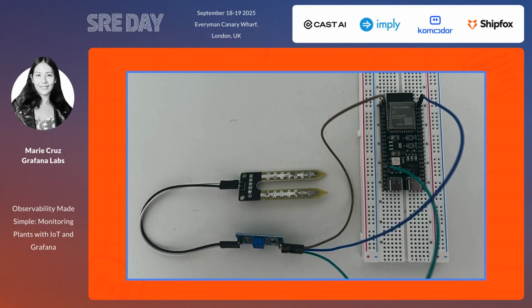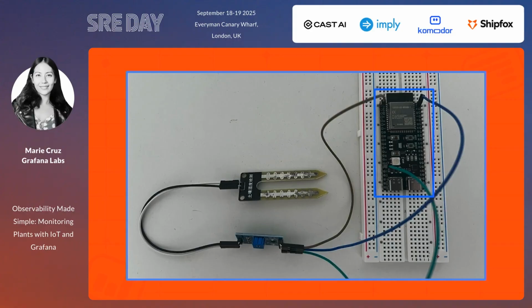Okay. So now that we have everything that we needed, it was time to piece the hardware together and get to the most exciting part of the project. Our first step was to connect the soil moisture sensor pieces using the DuPont cables. Afterwards, we attached the ESP32 development board to the breadboard, and this was an optional step.